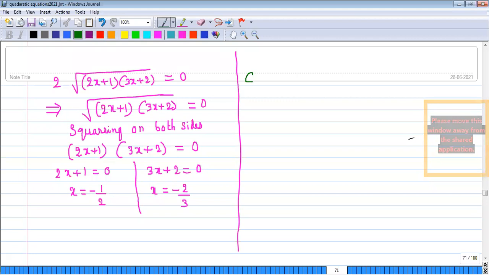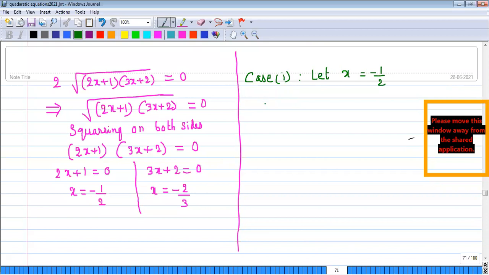So case 1. Let x is equal to minus 1 upon 2. Substitute in the given question. What is the question we have here?